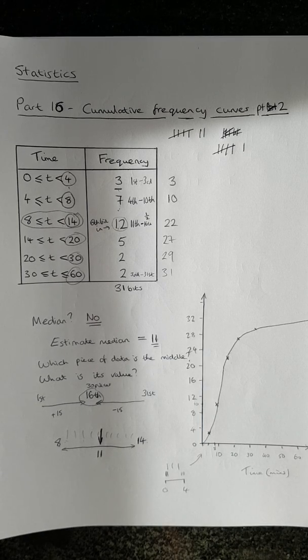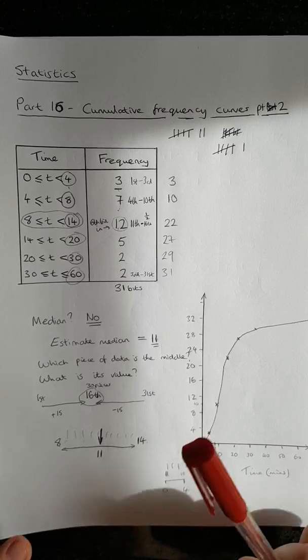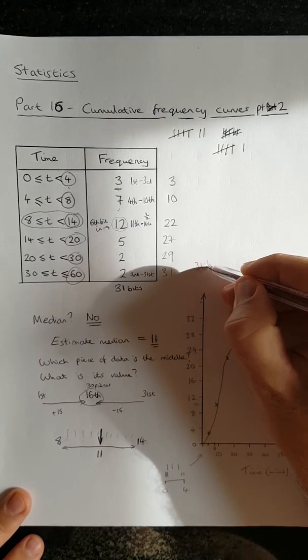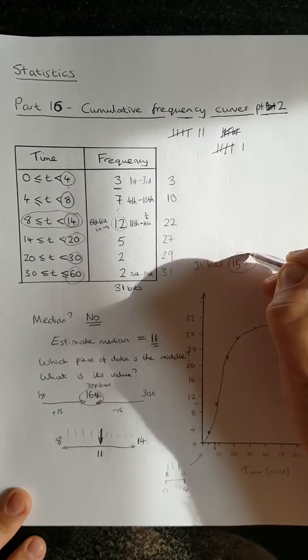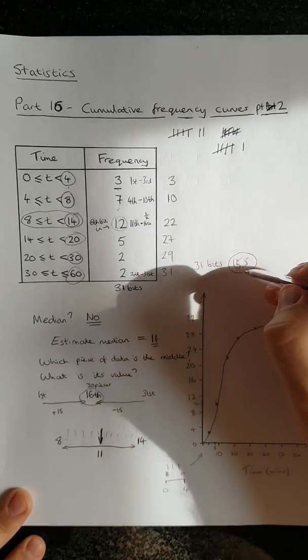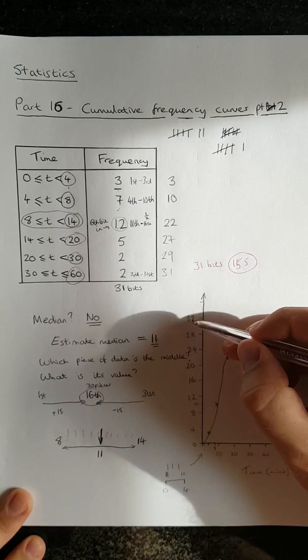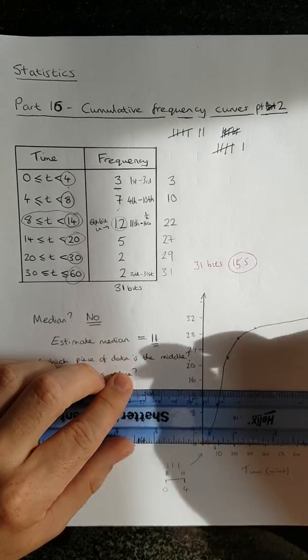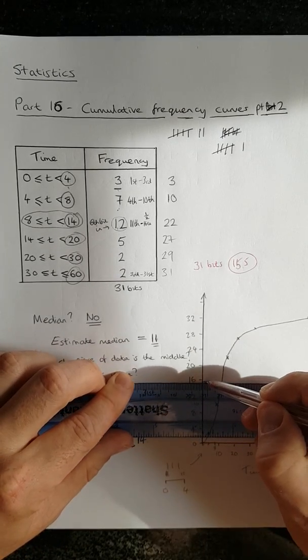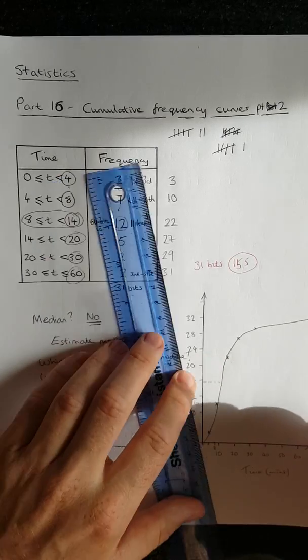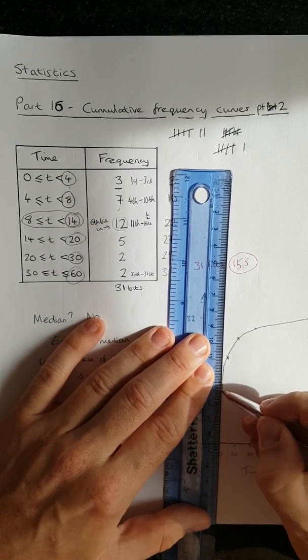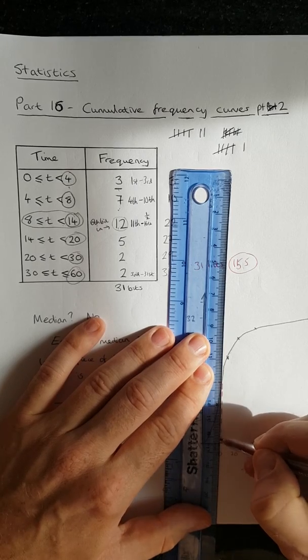Now, we know that there are 31 bits of data. So on my curve, if I go to 15.5 on this axis, which I haven't given a name yet, I can use this curve to try and estimate the median.